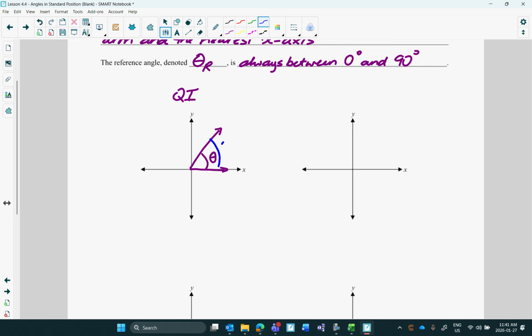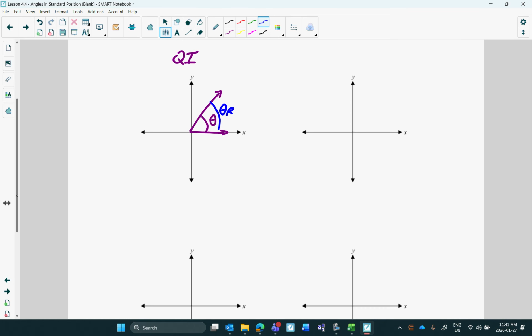So the reference angle is going to be in quadrant 1 and is going to be the exact same measure as the angle we're dealing with. So if I said, what's the reference angle for 65 degrees? 65 degrees. What's the reference angle for 20 degrees? 20 degrees. Okay? I know it's very easy, but students tend to make that very complicated when something is very easy because they think there is some conspiracy. Okay?